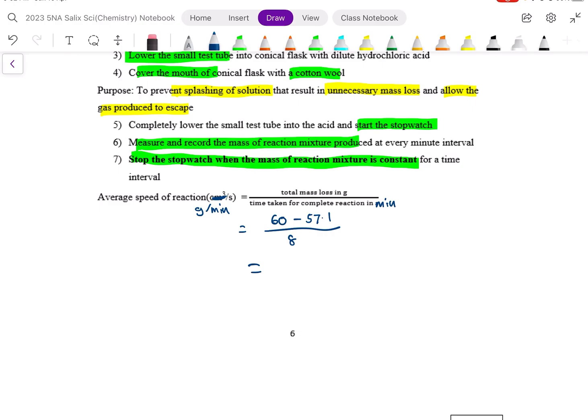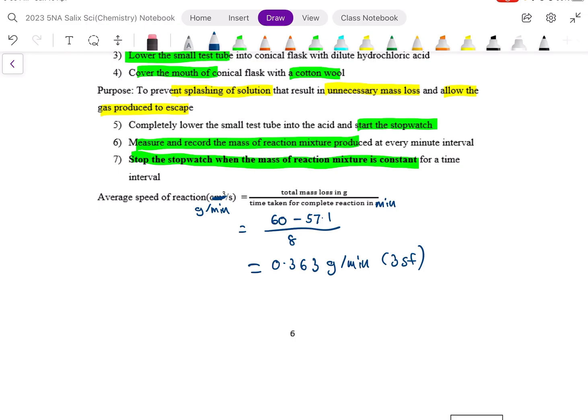You will be asked to find two things: either the average speed, or the speed of reaction at that point of time. If it's the speed of reaction at that point of time, you use the gradient. Let me run a calculation. 0.6363 grams per minute. So that's how you calculate the average rate.